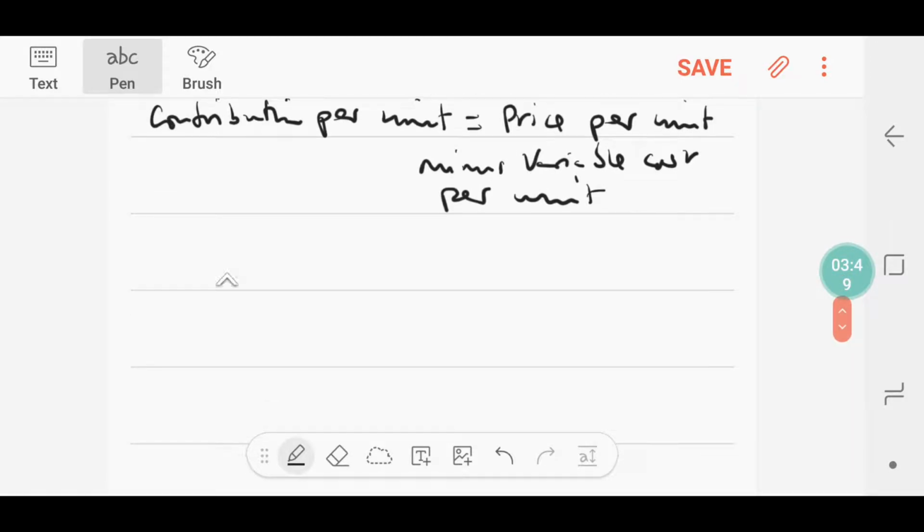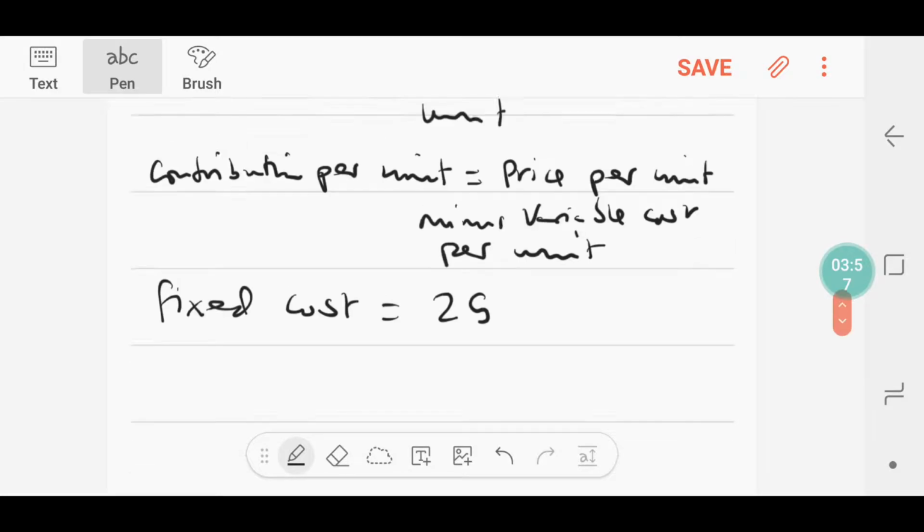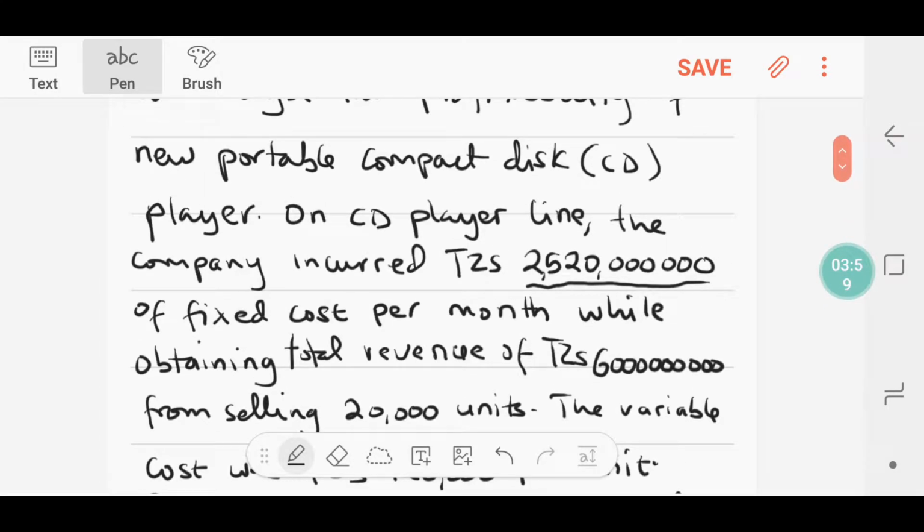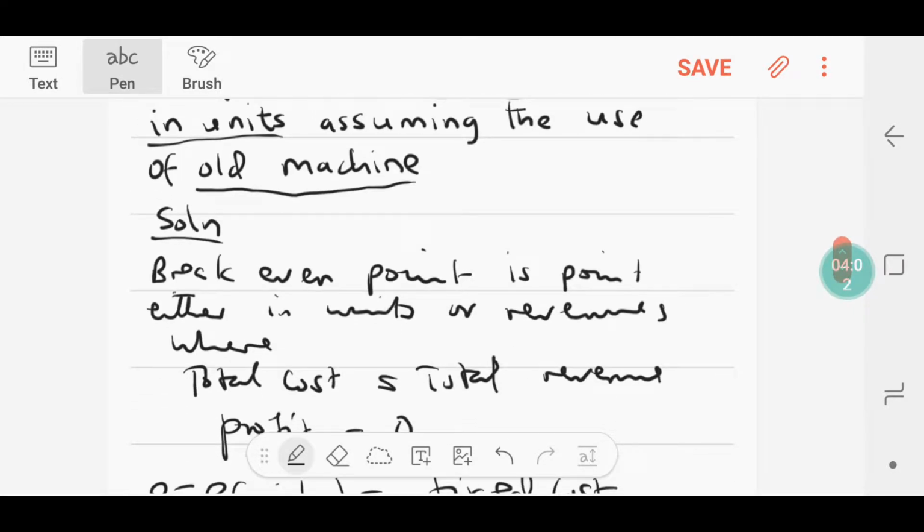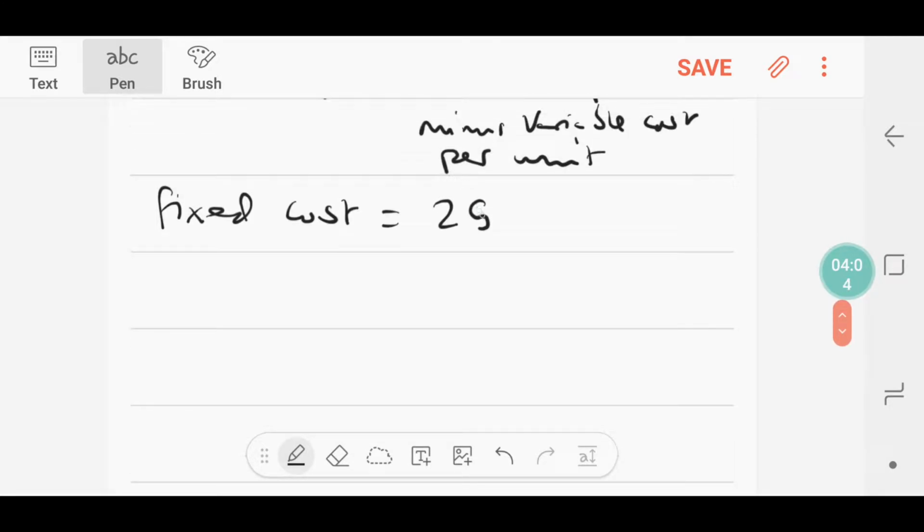In our question, fixed cost is equal to 2,520,000,000.